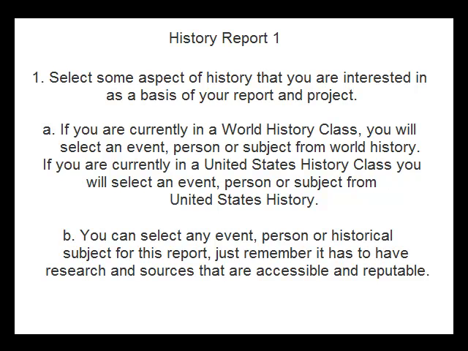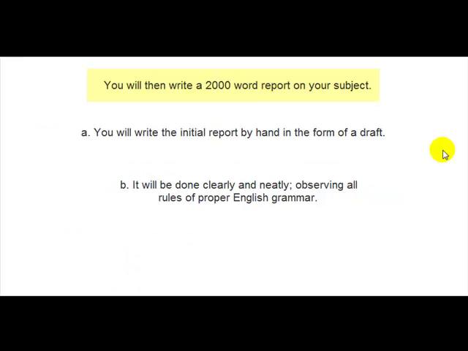If you're going to do one on Area 51, you need to have some sort of books, sources, and research to cite for that report. Do not just pick some random website that you got this information from, because most of the websites out there are not reputable. They are garbage that most people have thrown up, and it's very hard to verify anything they say. So these are a couple of the parameters you have for your history report.